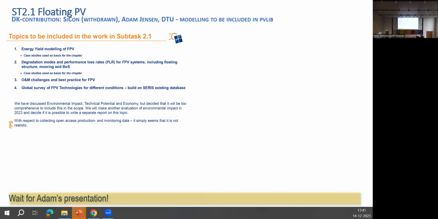There's something about floating PV, both inland floating and offshore floating. The ambitions here are both to do some modeling, but also to address O&M topics and degradation modes and so on. But I wrote here that Adam would say something about this.